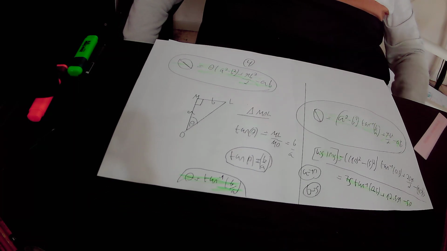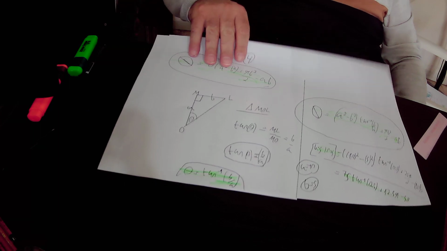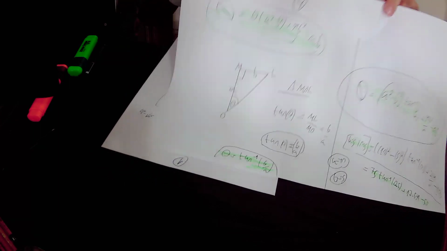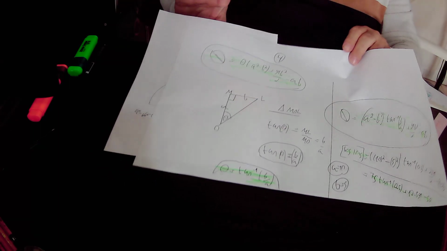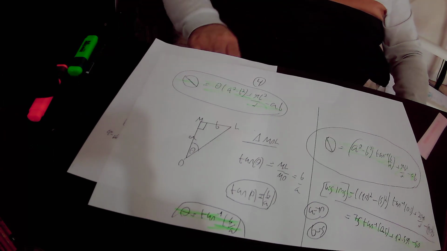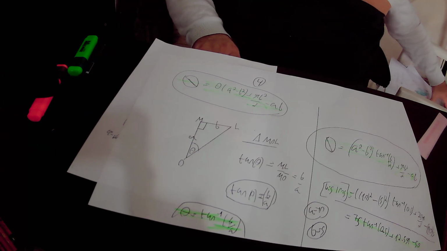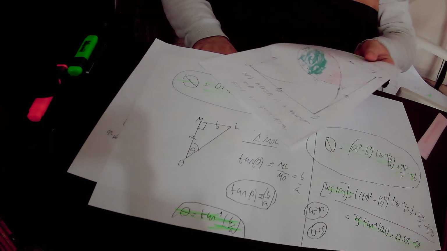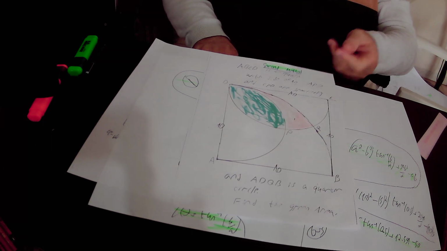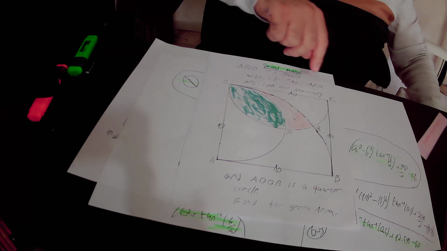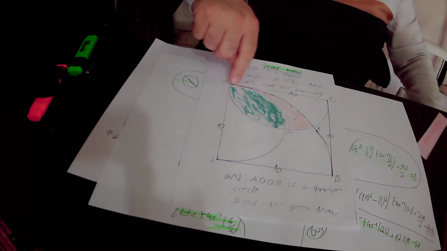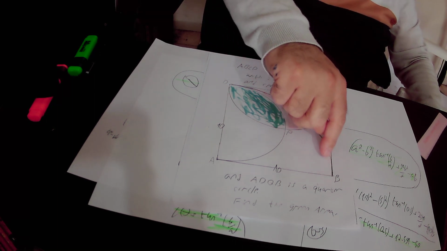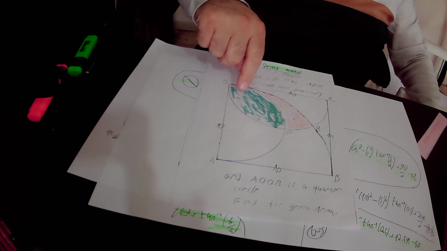So what is the area of the big lens? The big lens was created by the intersection of this quarter circle with this semicircle.